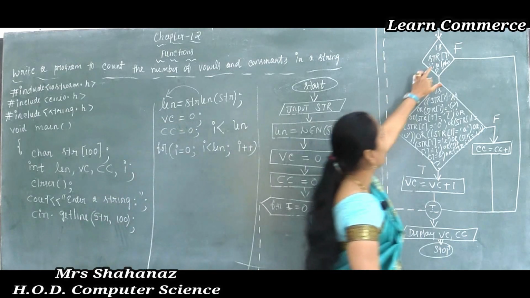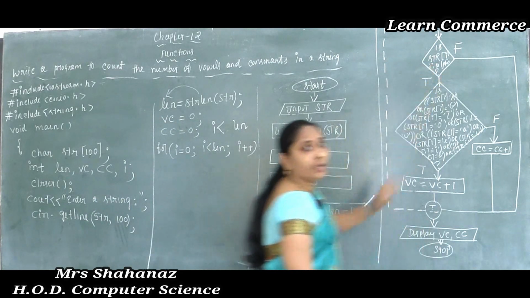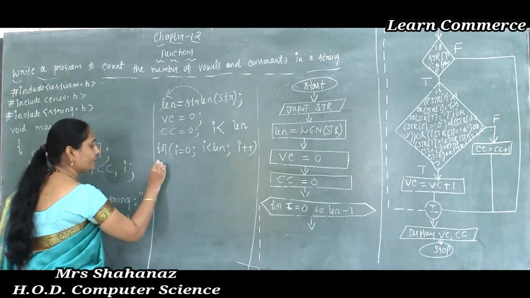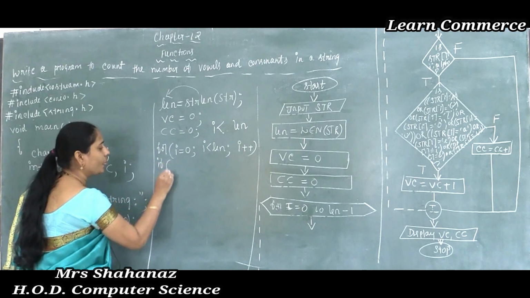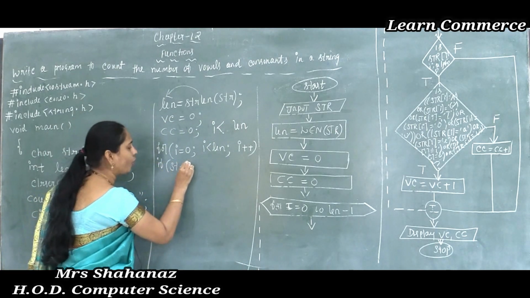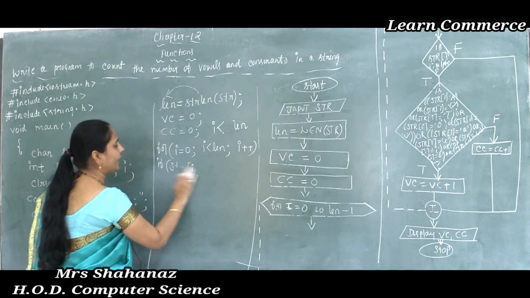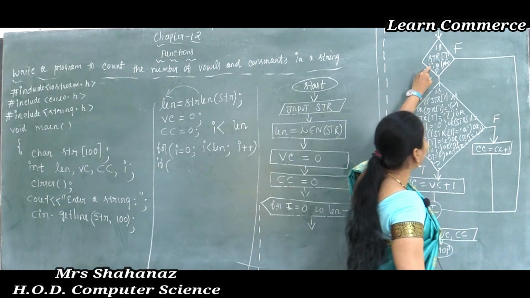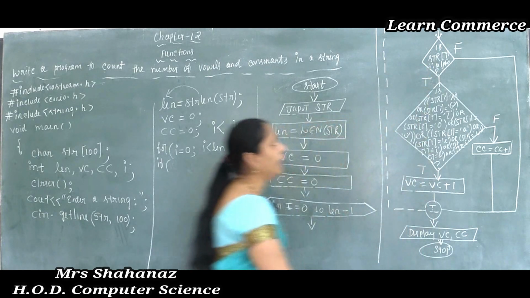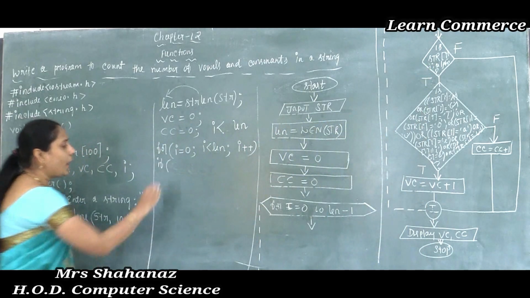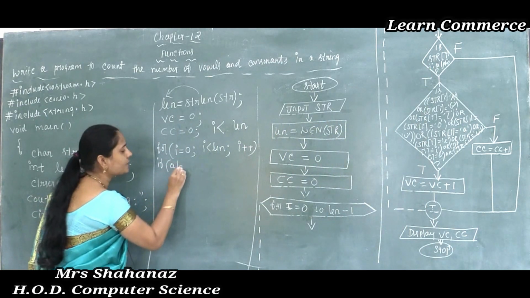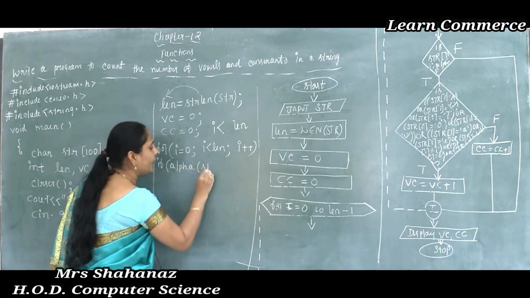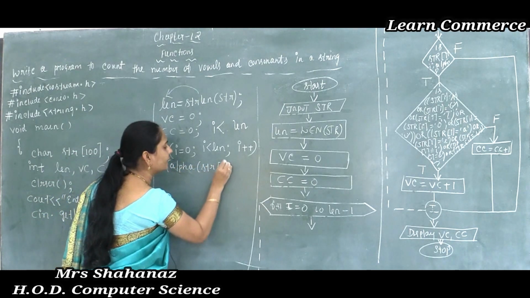Now I am going to use this condition. Then next, after that, if str of I is an alphabet. So I am using isalpha, str of I. Clear this point here?